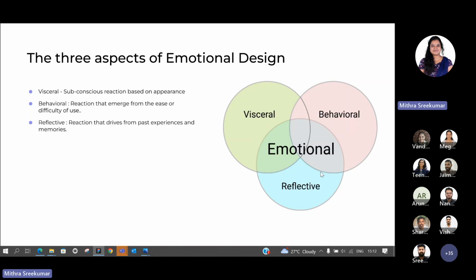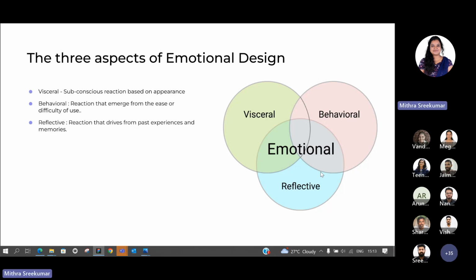So first is the visceral level, or visceral aspect, of emotional design. That is the subconscious reaction based on appearance. That is, once a person first encounters an application, the first impression that he gets from the application, website, or interface.